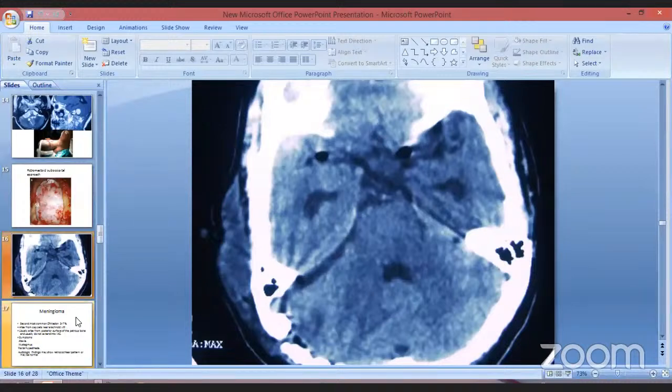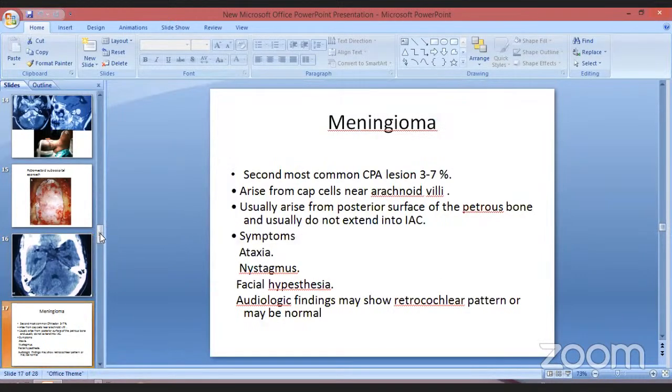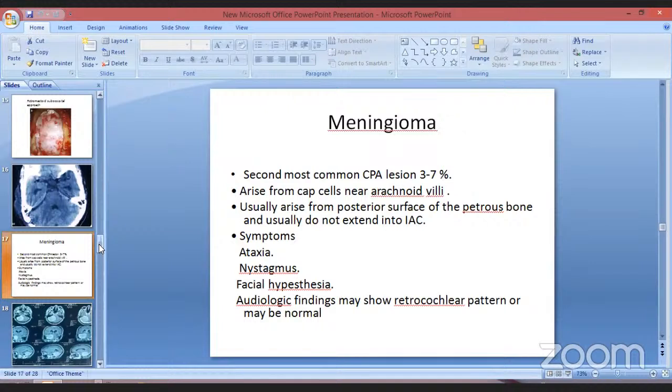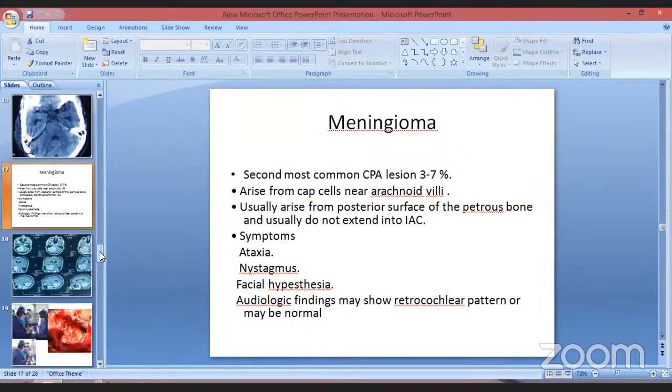The case we have brought here is a young female with a meningioma. Meningiomas are the second most common tumors, which arise from the capsule near the arachnoid villi. The patient usually presents with posterior fossa symptoms like ataxia, nystagmus, facial hypoesthesia, but usually doesn't present with hearing abnormalities to start with.